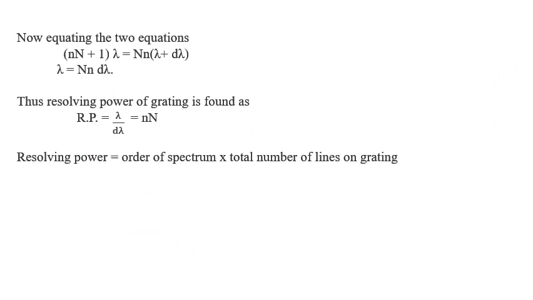Now whatever terms are common will cancel. When we multiply (nN plus 1) with lambda, we get nN lambda plus lambda, equal to nN lambda plus nN d lambda.